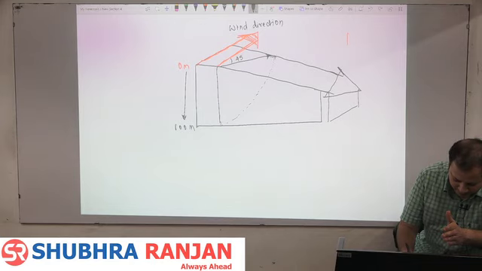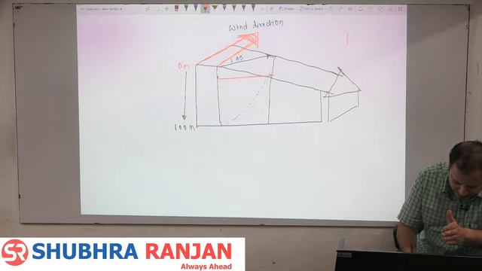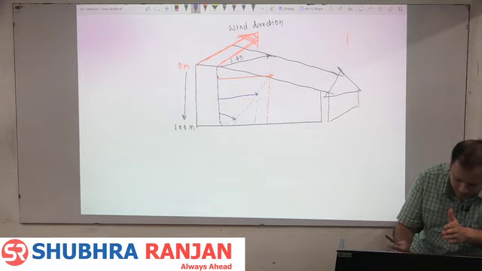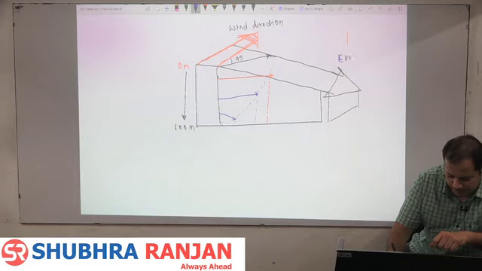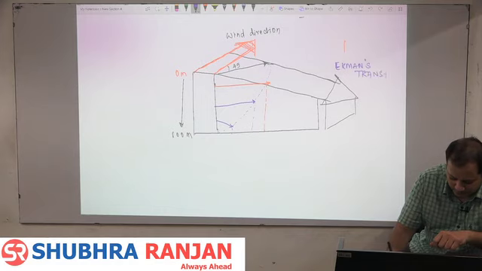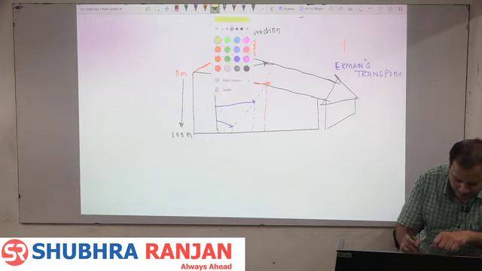Upper layer in the southern hemisphere, giving rise to net transport which becomes 90 degrees to the wind direction, giving rise to the Ekman's spiral or transport. Again, don't draw this diagram.